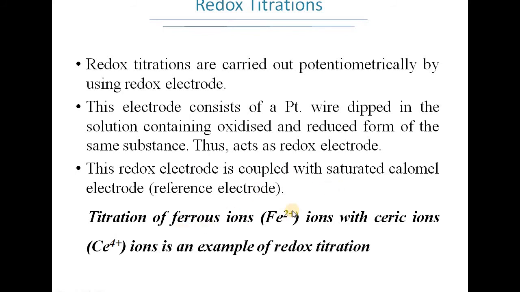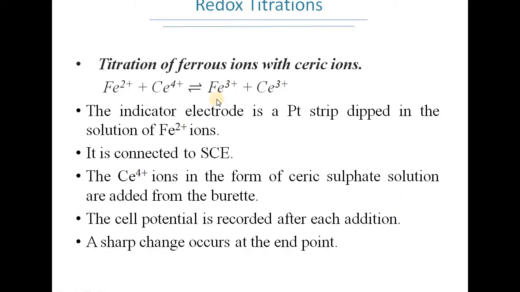So we will discuss the titration of ferrous ions with ceric ions while discussing redox titration. In the titration of ferrous ion with ceric ion, we have Fe2+ and Ce4+ in equilibrium with Fe3+ and Ce3+. Now the indicator electrode is a platinum strip dipped in the solution of ferrous ions.